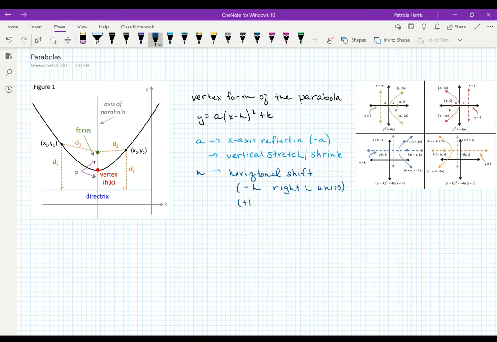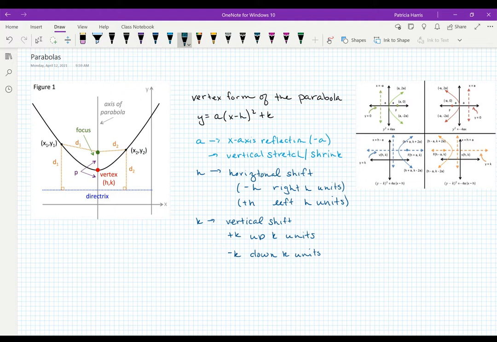If you had a positive h, you went left h units. k told you a vertical shift. So if you had positive k, you went up k units. If you had a negative k, you went down k units. All right.